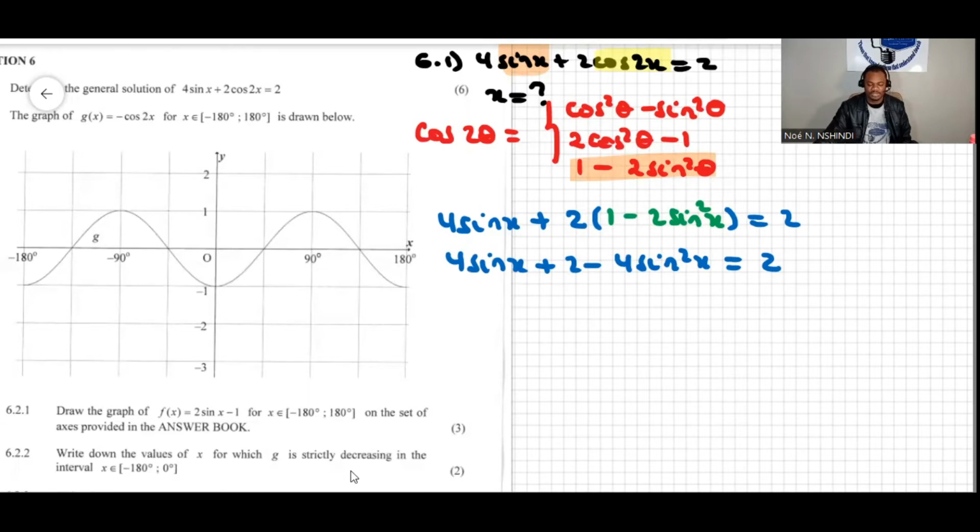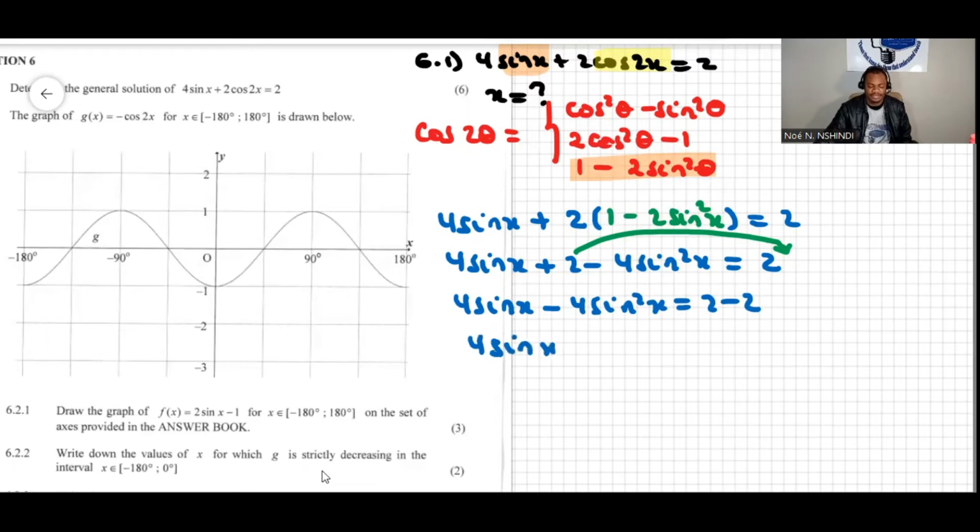I can just move this 2 over, and then this will be 4 sine x minus 4 sine squared x equal to 2 minus 2, and that's 0. So 4 sine x minus 4 sine squared x equal to 0.